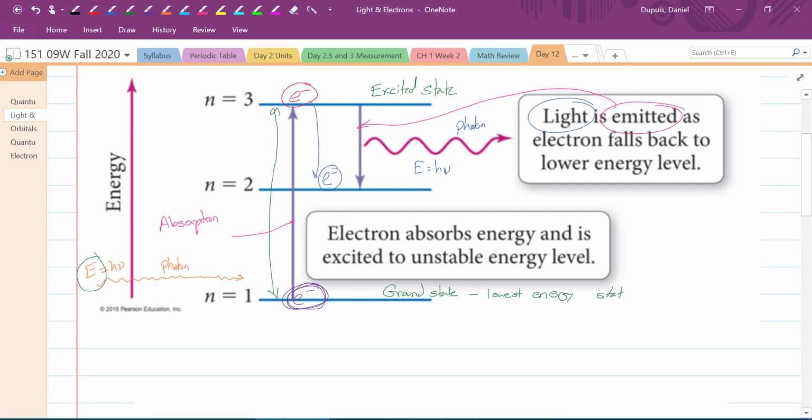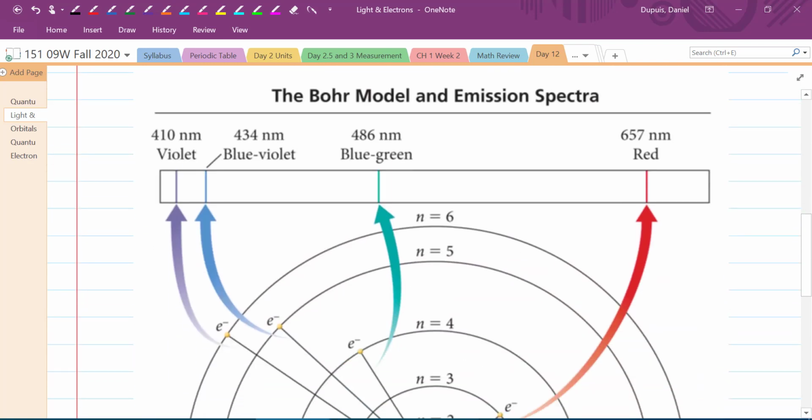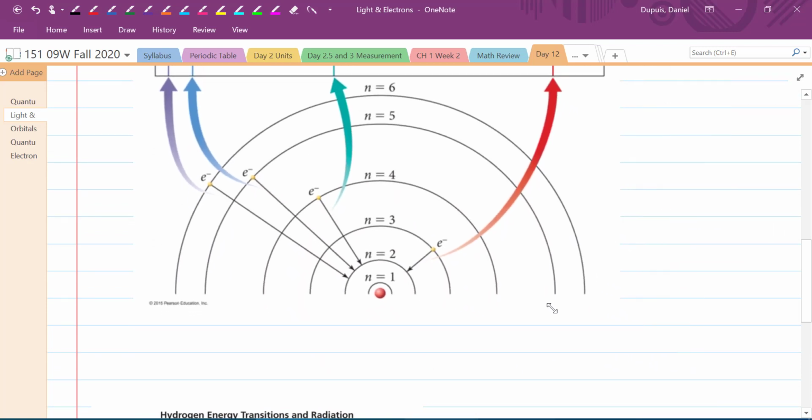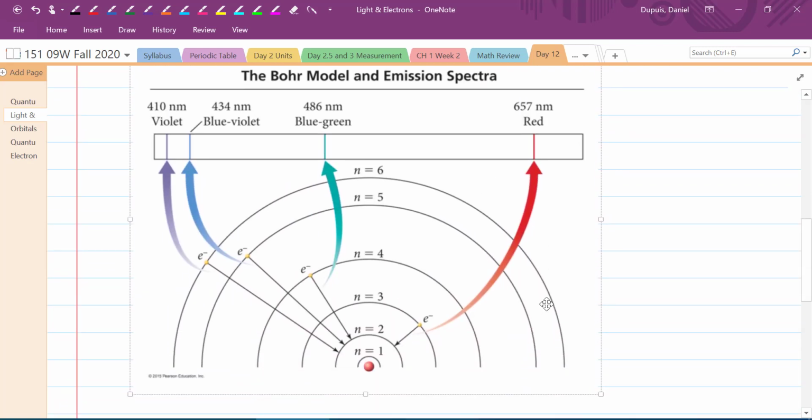And so if we look at the hydrogen atom now, here's the Bohr model from the book. Okay, there's the Bohr model. And so these were the emissions from n equals 3, 4, 5, and 6 to n equals 2. Just to n equals 2. So 3 to 2, 4 to 2, 5 to 2, and 6 to 2.